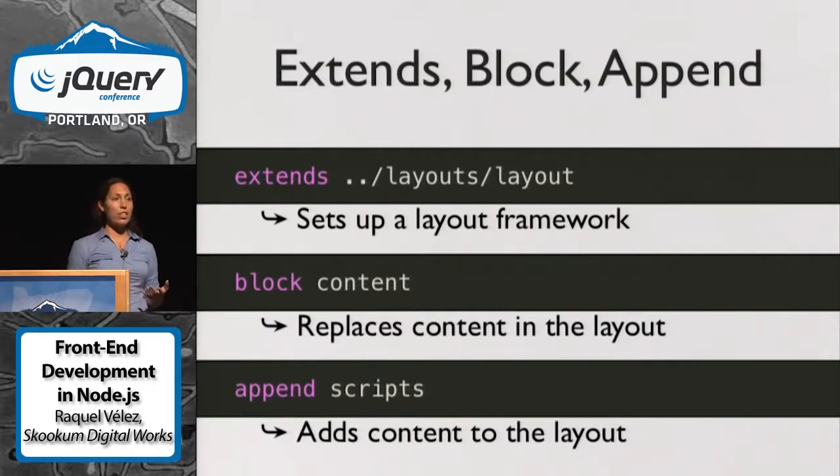So you can create a layout that will have all of your header data that's going to be shared across every single one of your files, and has most of your script data at the bottom of your page that will go across most of your files. And the only thing that changes is your content. So you can do that once, and then just change the content every single time. And if you need to add a little bit more on your scripts or something like that, you can. Does that make sense? Yeah? All right.